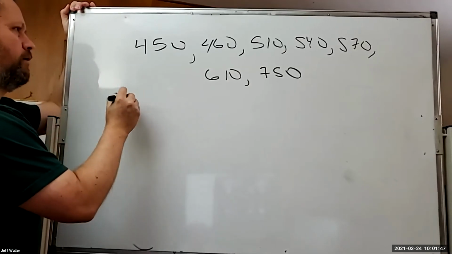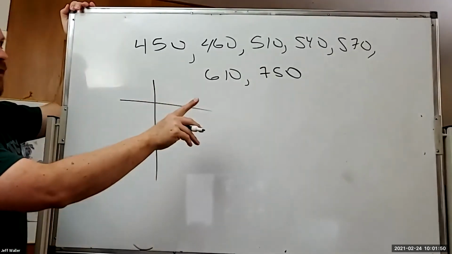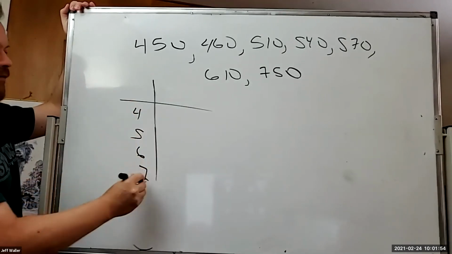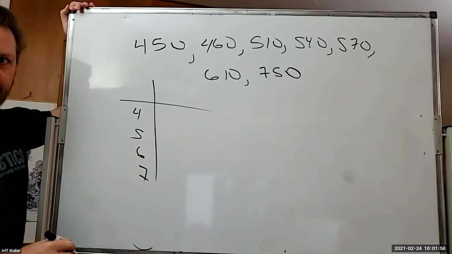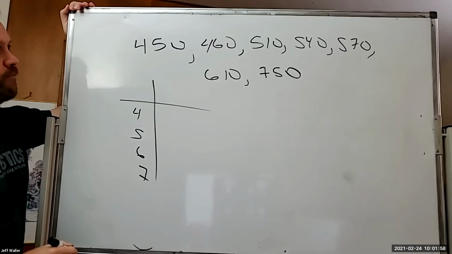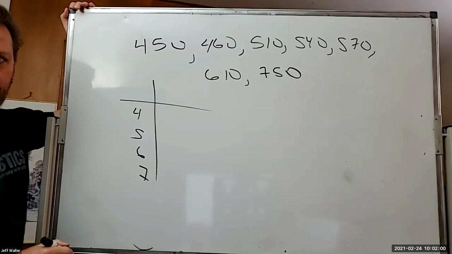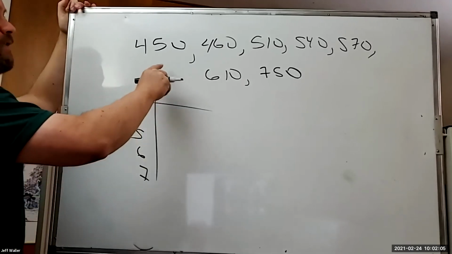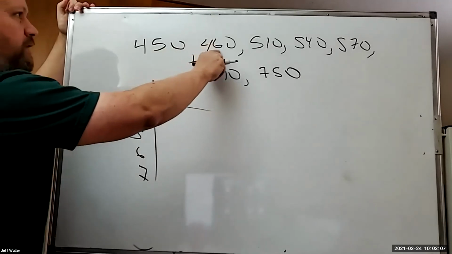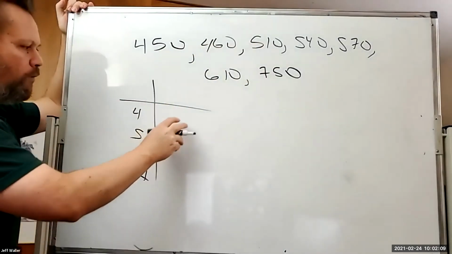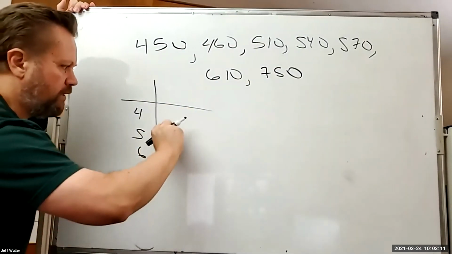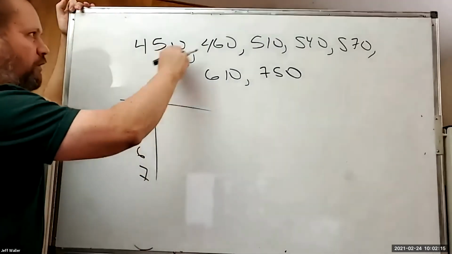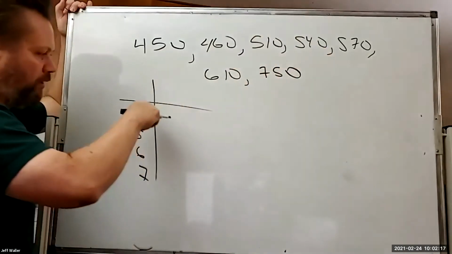All right. So obviously, hopefully everybody agrees the stems would be 4, 5, 6, 7. Is that cool? It doesn't make sense to make the stems 45, 46, 51 because one thing I want to be able to do with this is to accumulate things together. And if I did 45, 46, 51, each data point gets its own entry.